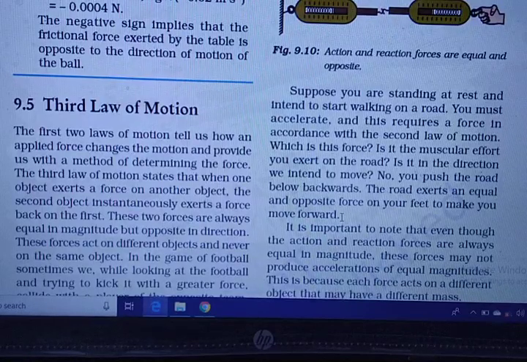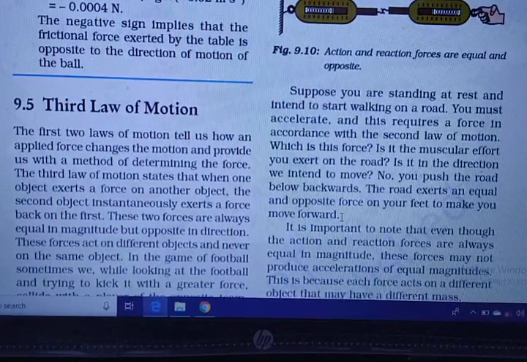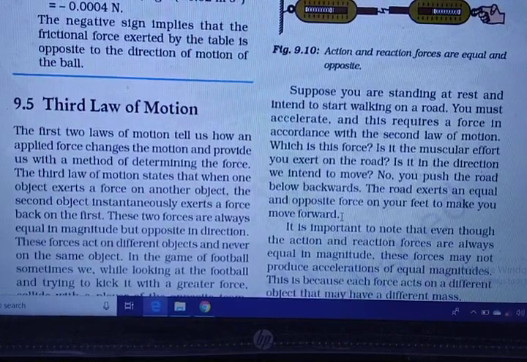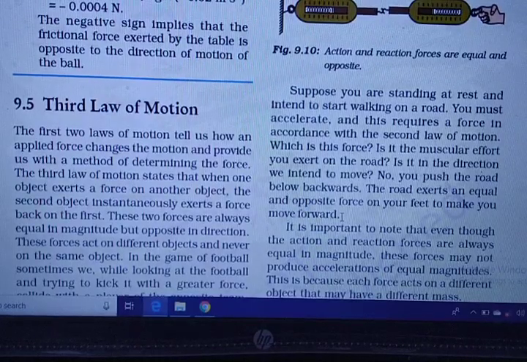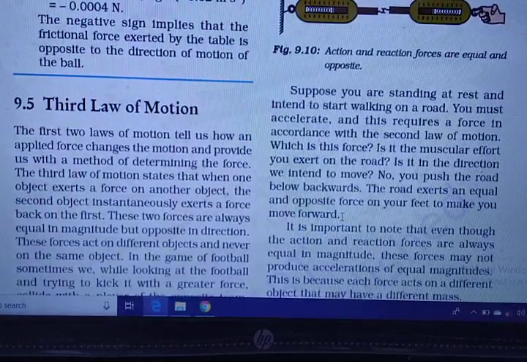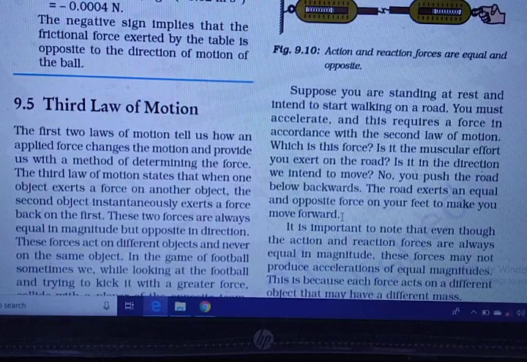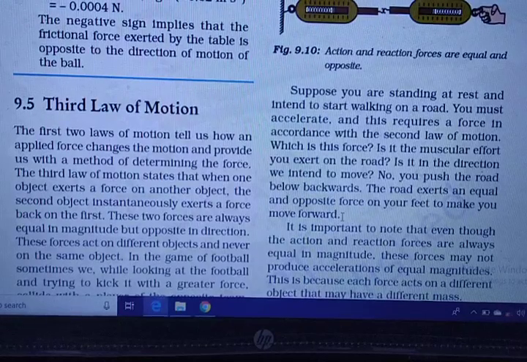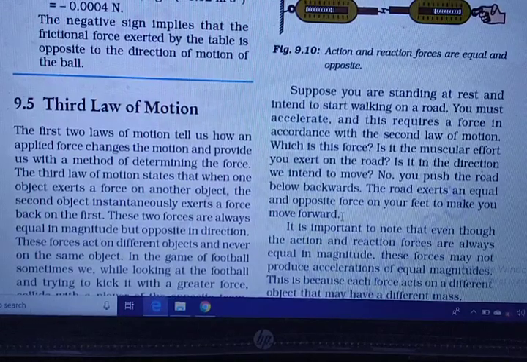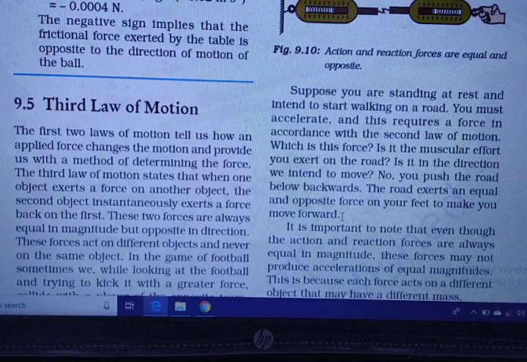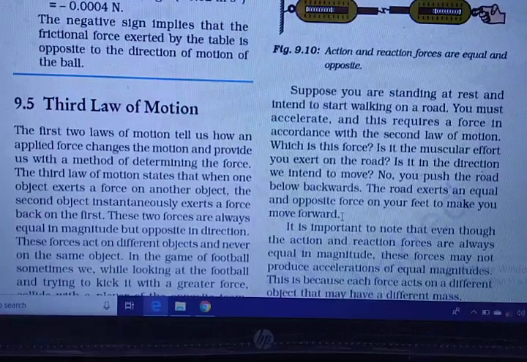Whenever you are walking, you push backward with the front part of your leg, right? So the road also exerts the same amount of force on your feet as the force we apply on the road, to make you move forward.